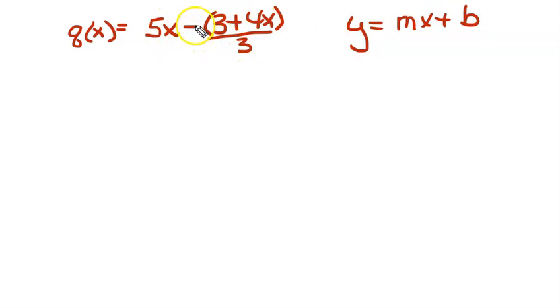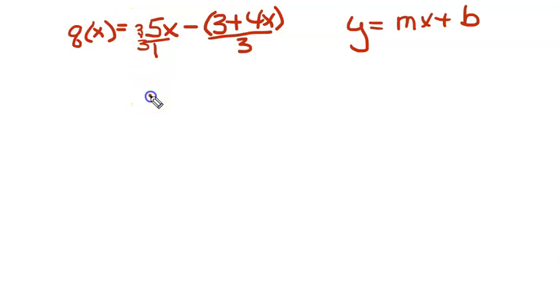And so one of the first things we have to do is get rid of these parentheses and get a common denominator here. Would you agree that our common denominator is 3? If we want to make this term with a denominator of 3, we're going to have to multiply it by a 1 in the form of 3 over 3.